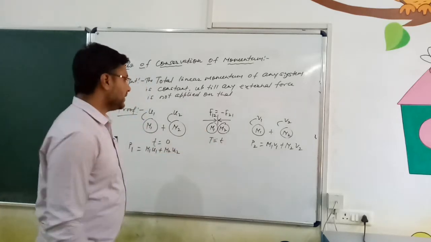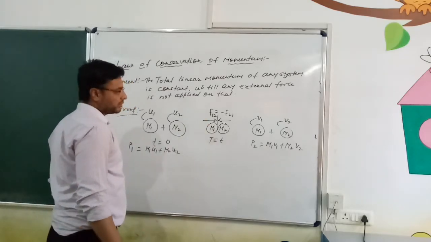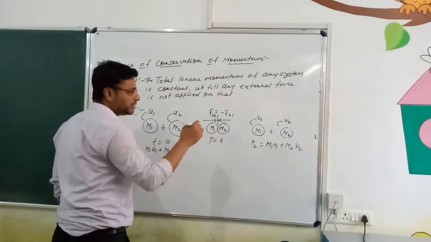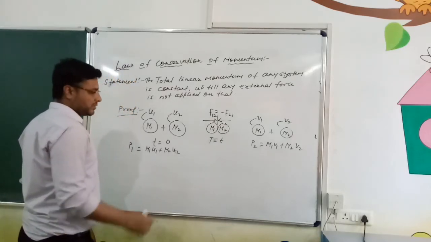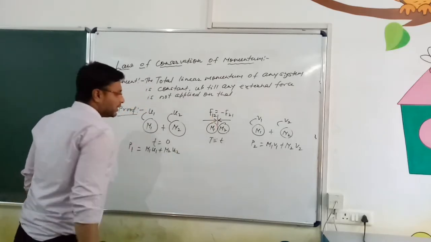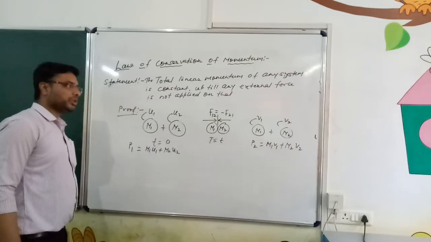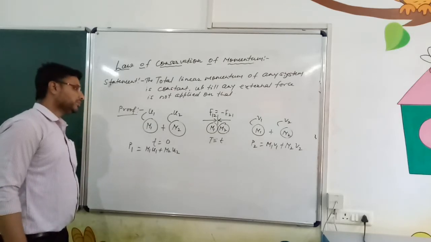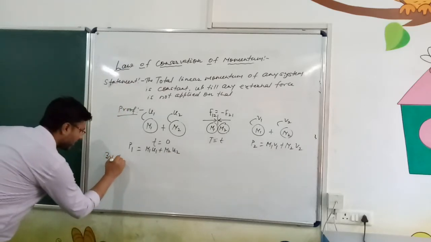So the force exerted by object 1 on 2 is equal to the force exerted by object 2 on 1, in the opposite direction. By Newton's second law, force is equal to the rate of change of linear momentum.